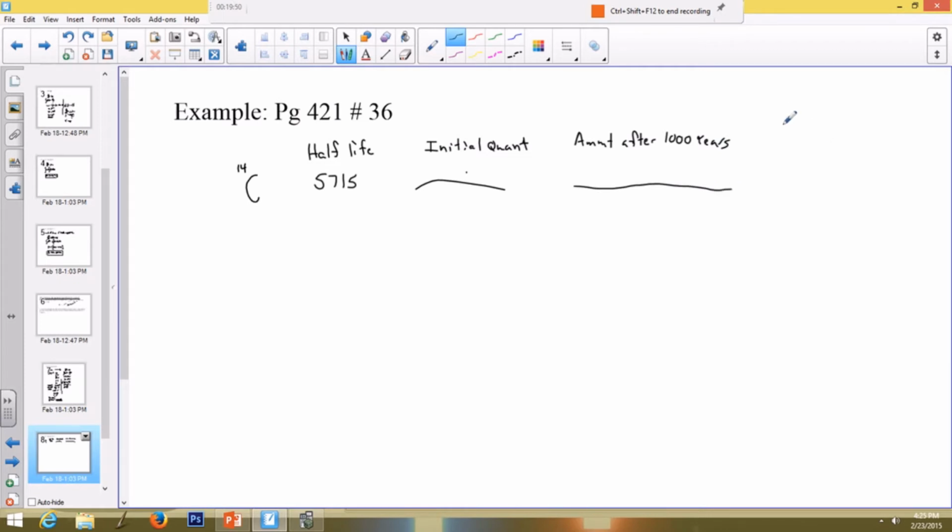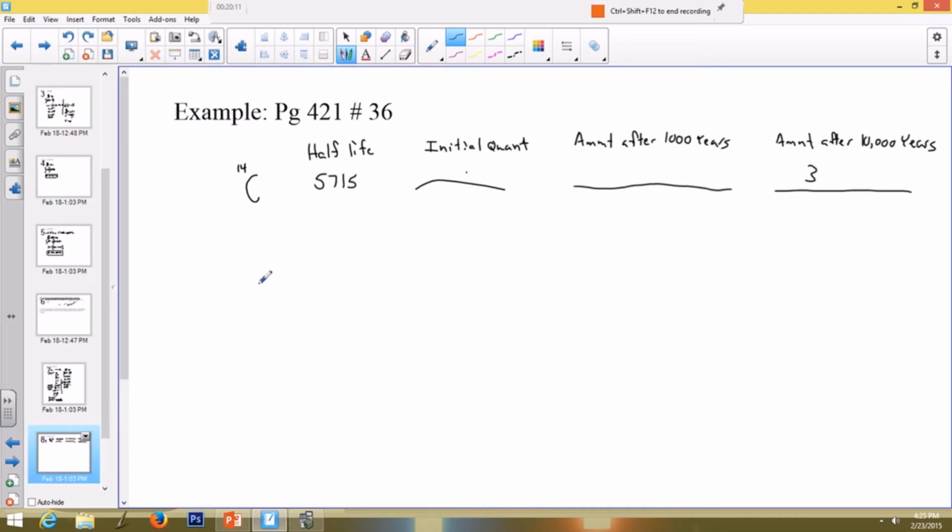And then they say that the amount after 10,000 years is 3 grams. So we got to figure out the rest of it.